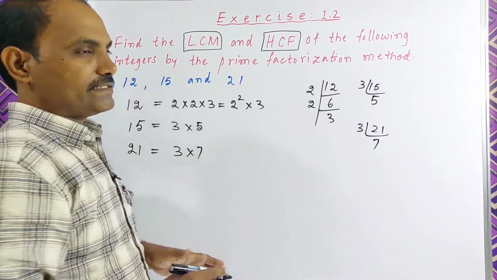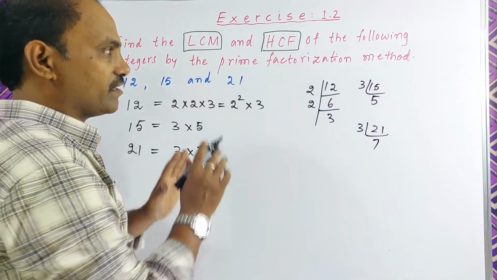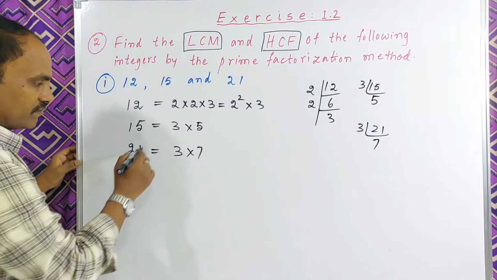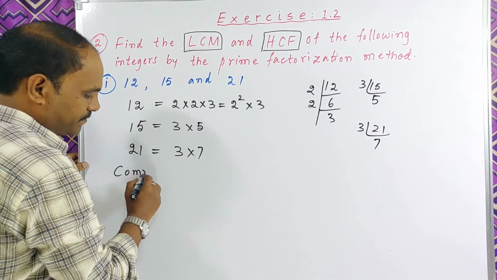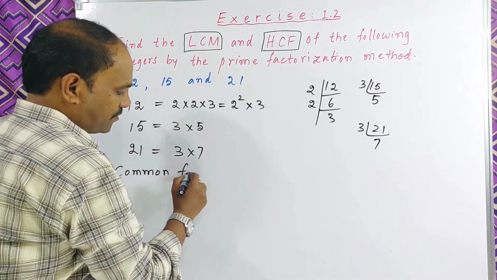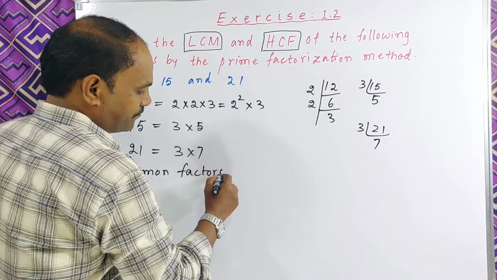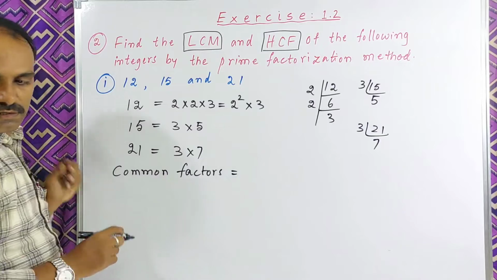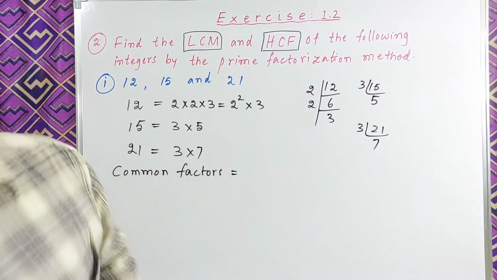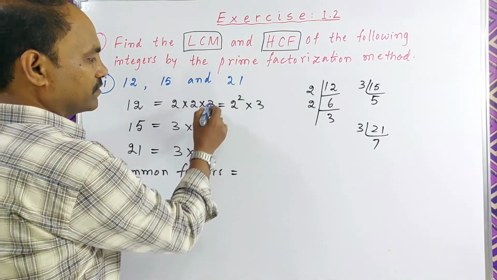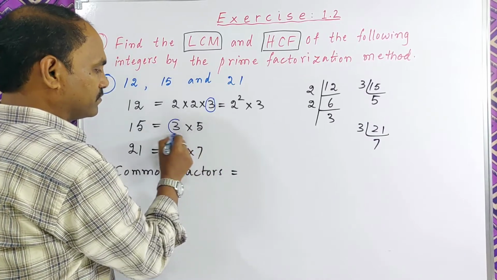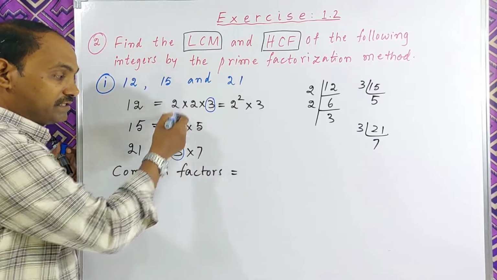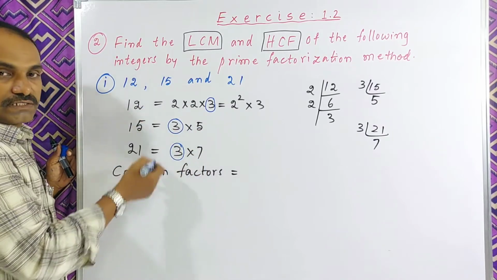How can we find LCM and HCF? First you should write the common factors. What are the common factors here? Common means it must lie in all 3 of the numbers.